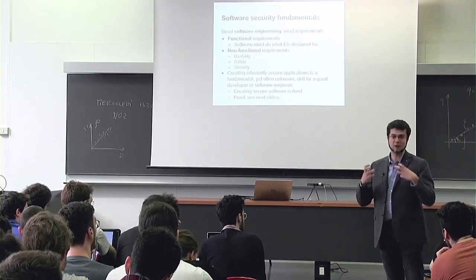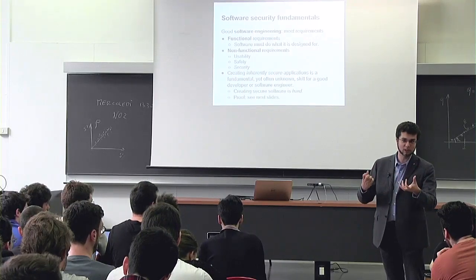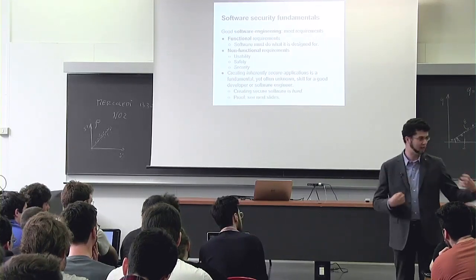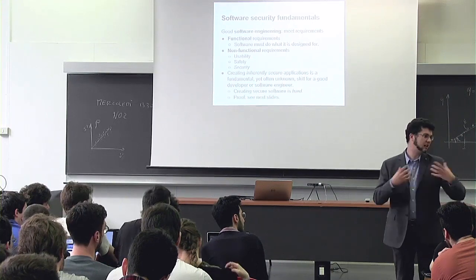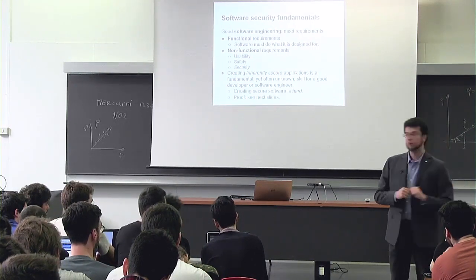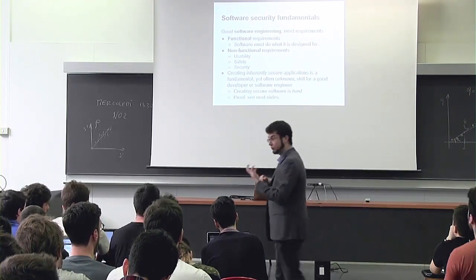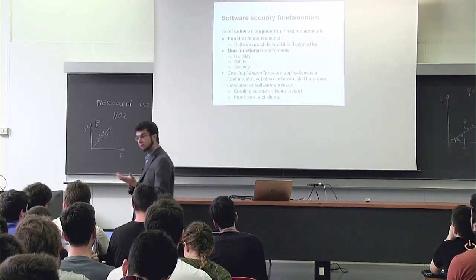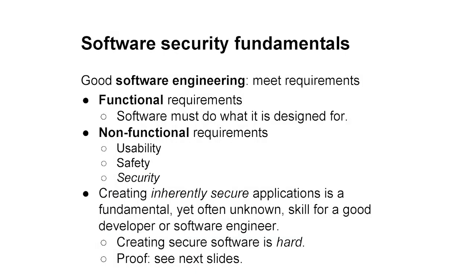So of course, MATLAB is usable for the type of people that tend to use MATLAB, which is not the regular average computer user. Software needs to be usable, needs to be safe, needs to be performant. And another non-functional requirement is security.